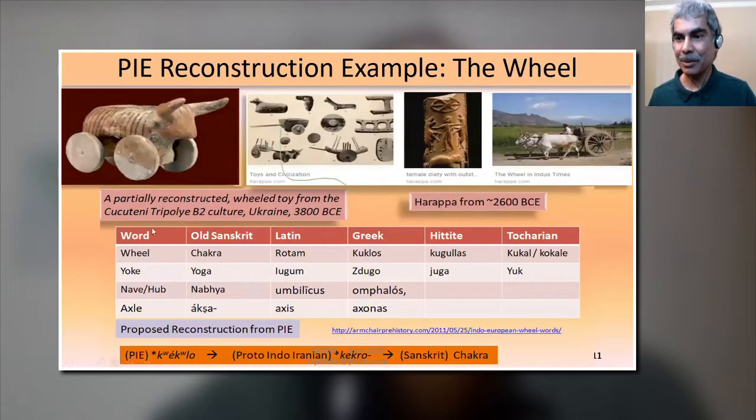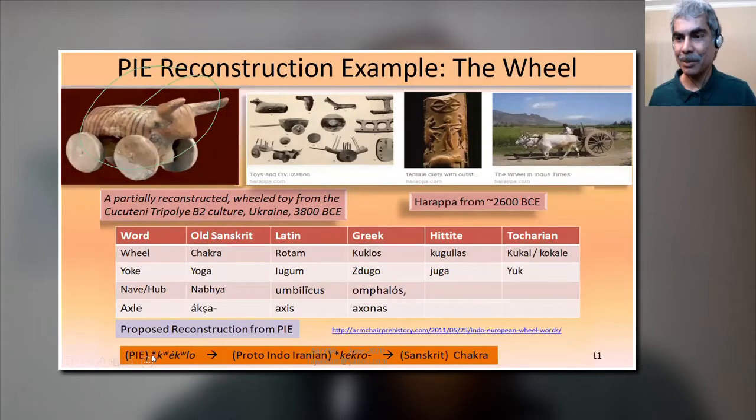For example, for wheel, in Sanskrit it is chakra, in Latin it is rota, in Greek it is kuklos, in Tocharian kukäl. The word for yoke is yoga or jugum, and for nave or hub, nabhya, umbilicus, or for axis, aksha or axis. The proposal for reconstruction is that there was an ancient PIE language which had a word like *kweklo.